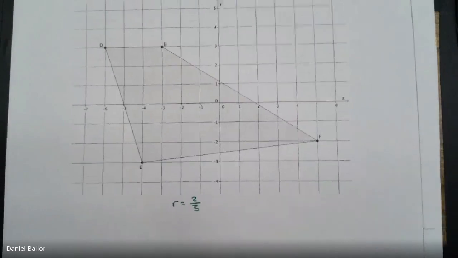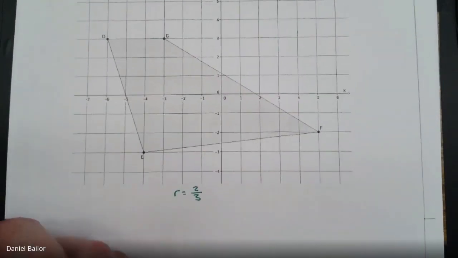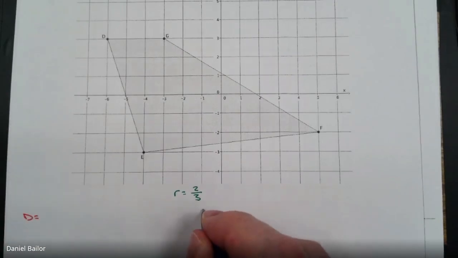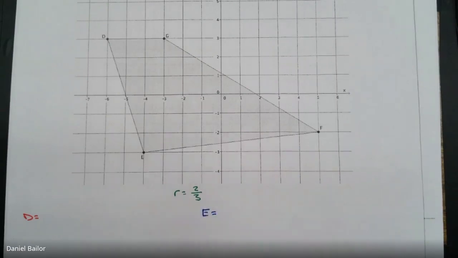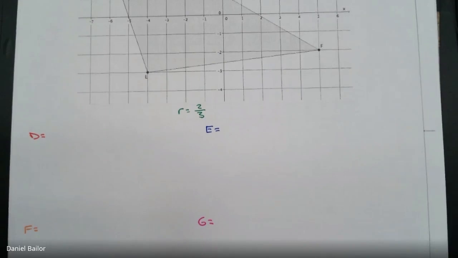And we have points D, E, F, G. So let's go with point D, point E, point F, and point G. I'm going to try to do all the work on this piece of paper. If you need to do your work on a separate piece of paper, that is okay. I'm just doing it right here underneath because I think I can probably fit it. If it doesn't fit, I'm going to look like a fool, but I'm used to that.